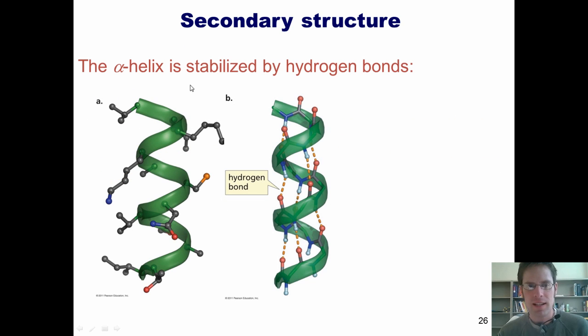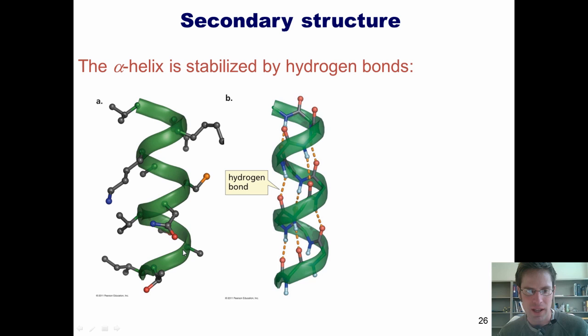An alpha helix looks kind of like this. So you see this twisty green structure here. This twisty green structure represents hydrogen bonds that are being formed by a twisting backbone of amino acids in our peptide.